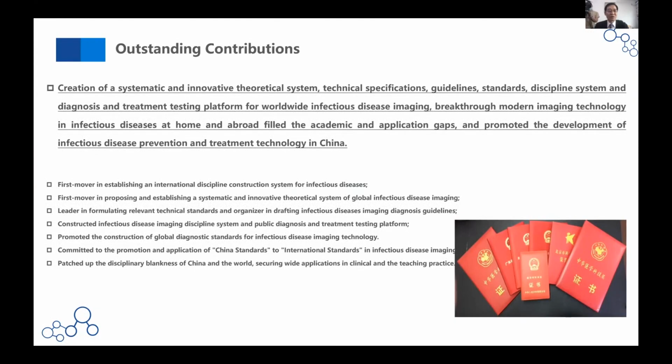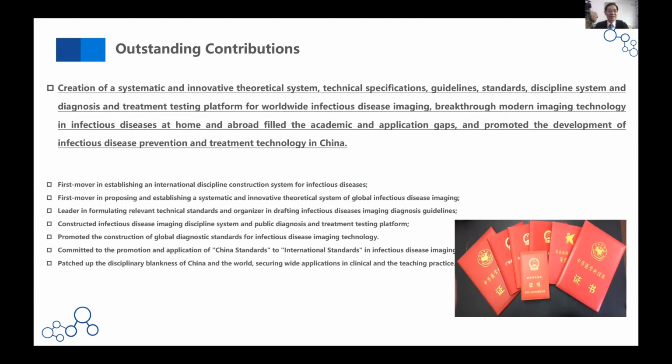Our outstanding contribution is a systemic and innovative theoretical system, technique specifications, guidelines, standards, discipline system, and diagnosis and treatment testing platform for worldwide infectious disease imaging.